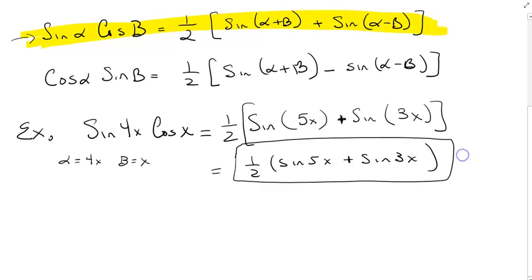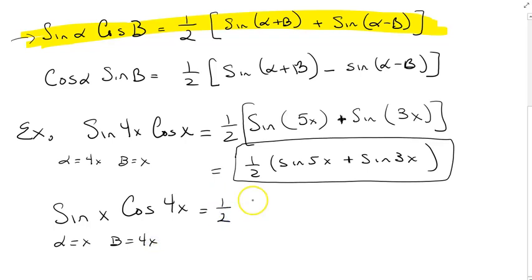Do be careful though. Let me make one little change and switch the alpha and the beta. Now alpha equals x and beta equals 4x. Let me show you how that changes it. And I'll write this one out. So the first part's fine.